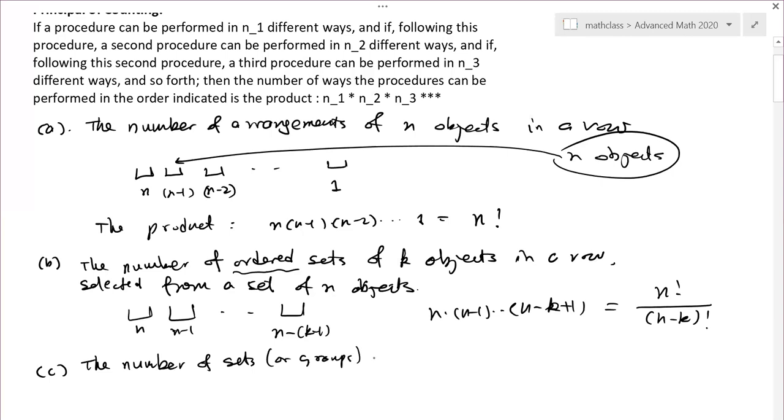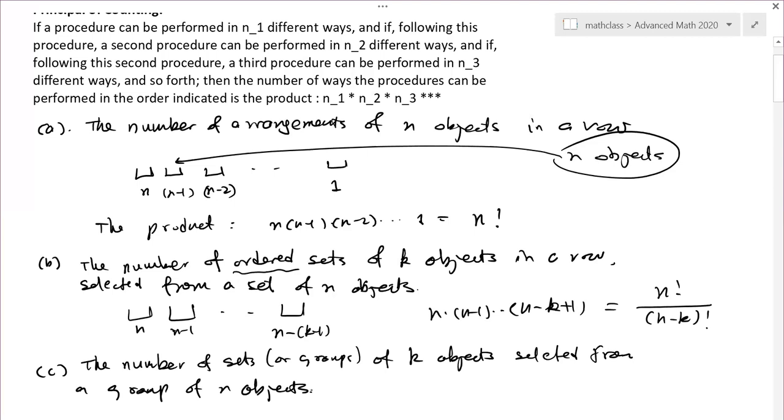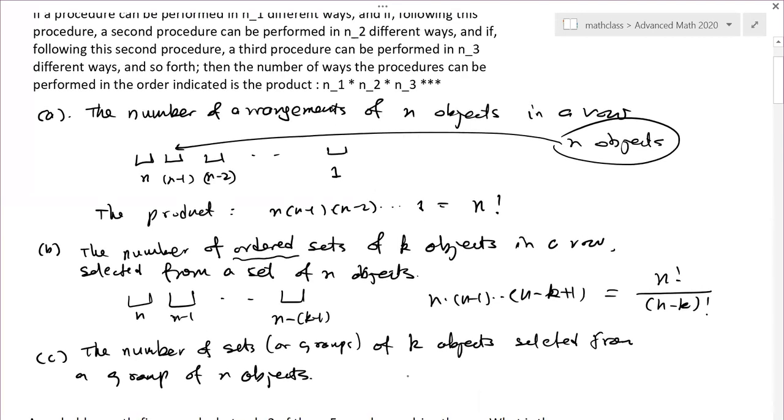When we say groups, then there's no order of k objects selected from a group of n objects. Now, in this case, if you permute those k objects, you still get the same group. That's why you have to divide by k factorial. So that will be n times n minus 1 down to n minus k plus 1, divided by k factorial.